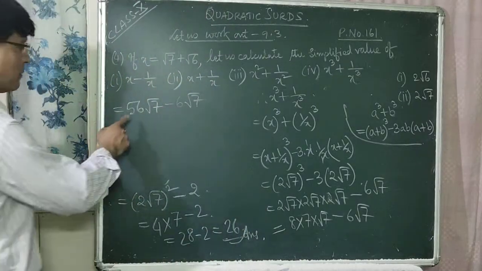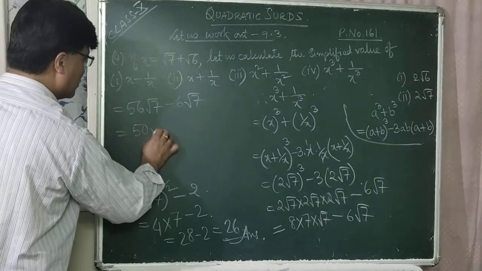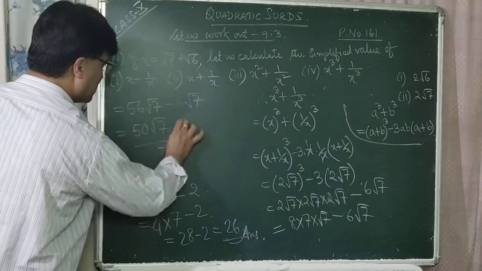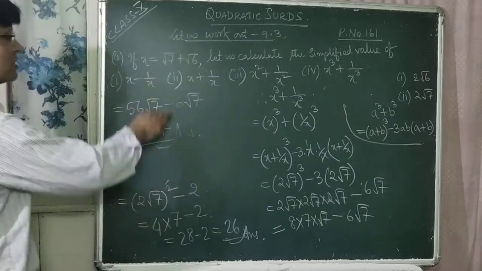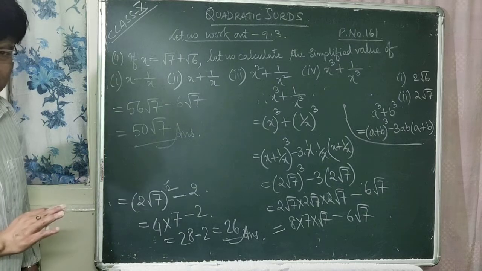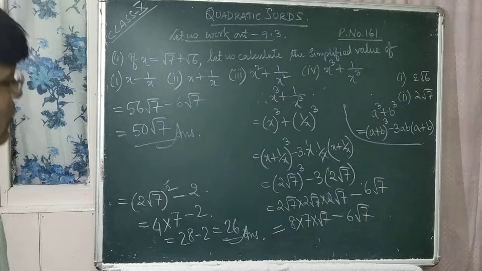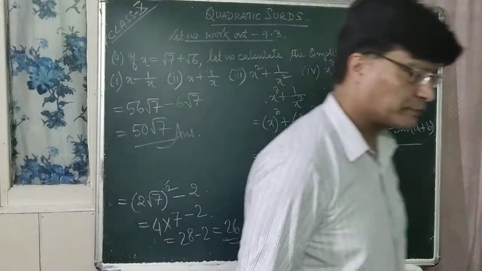Likewise, what is 56 root 7 minus 6 root 7? It is 50 root 7. So this is the final answer for question number 4. So I think you have understood it. Okay, so you can copy it. Now we'll do the next question again.